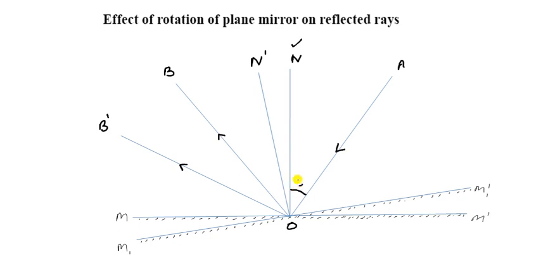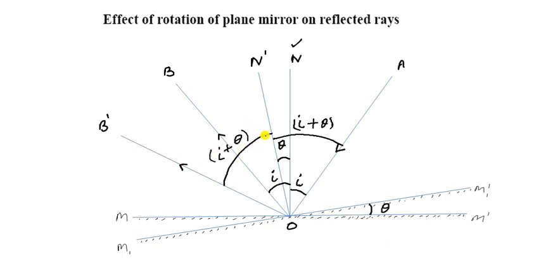This angle is I, and by the law of reflection this angle is also I. Now the mirror is rotated by angle theta, so the normal also rotates by theta. So this angle becomes I plus theta, and by the law of reflection this angle will also be I plus theta.